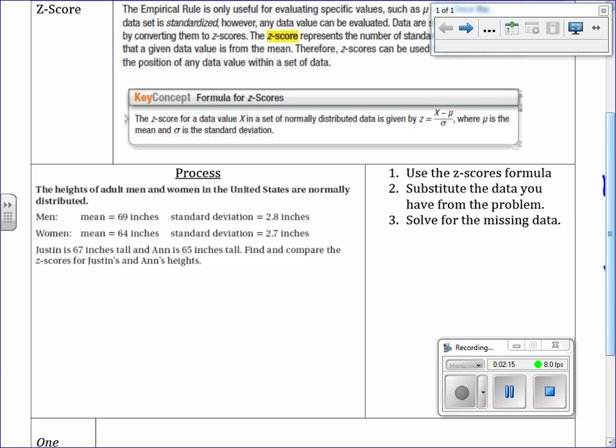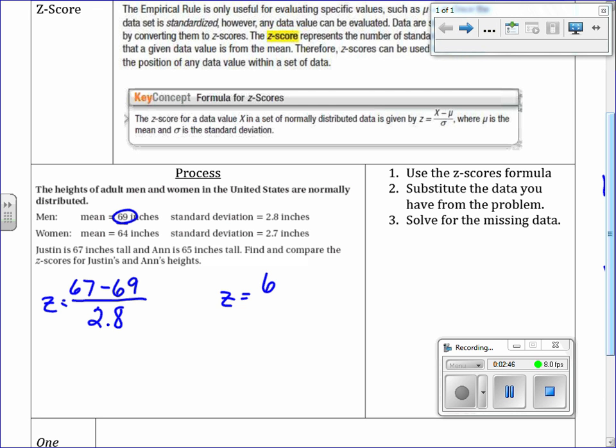Okay, so let's go ahead and start with Justin, okay? So Justin would be 67 minus the men's mean, 69, all over a standard deviation of 2.8. For Ann, her height is 65.